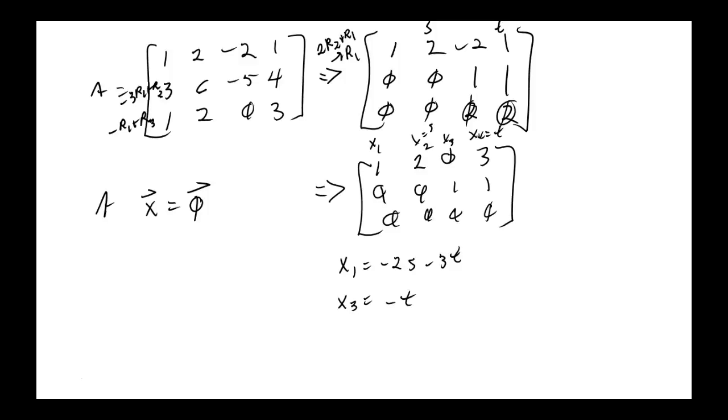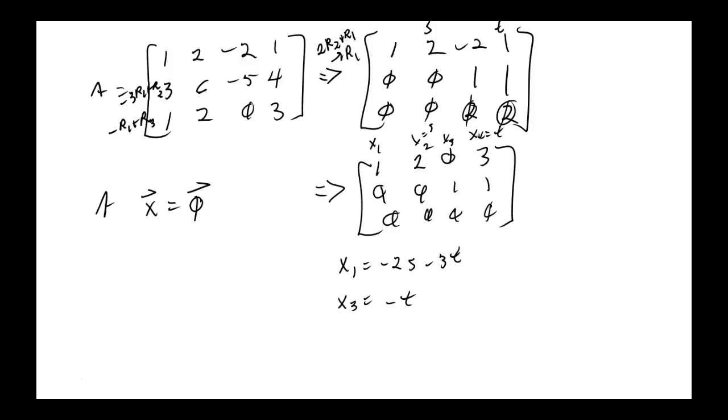Now, here's what I was trying to talk about before. When you set these up and do them this way, especially when you have a reduced row echelon form, so you have zeros above and below all the leading ones, here there are just 2 of them, then if you let s equal 0 and t equal 0, that means x2 is 0 and x4 is 0, then x1 is 0 and x3 is 0.